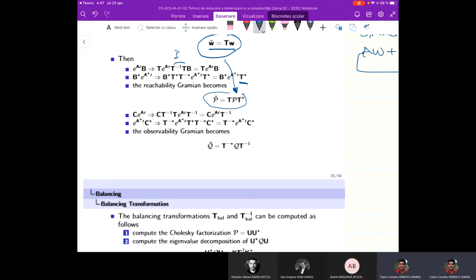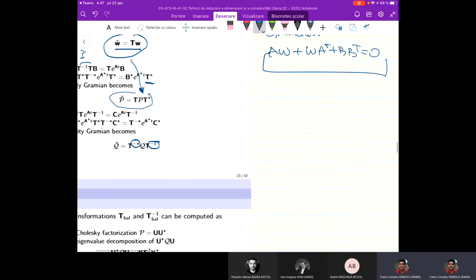The same holds for the output. Okay? The only difference is that here you get the minus transposed and minus 1. Okay?